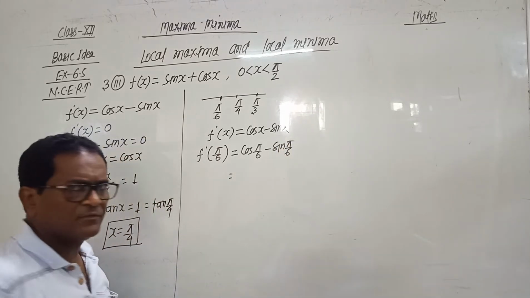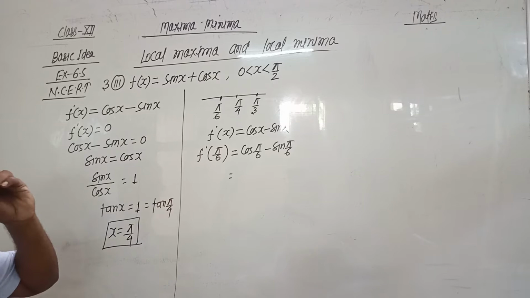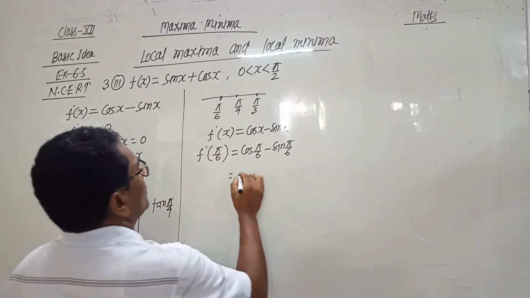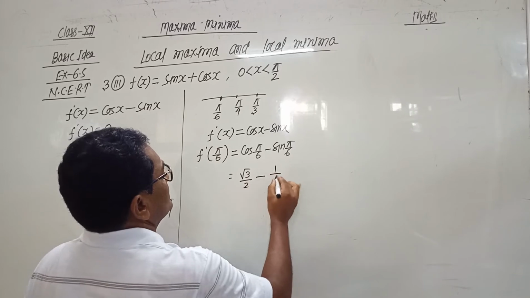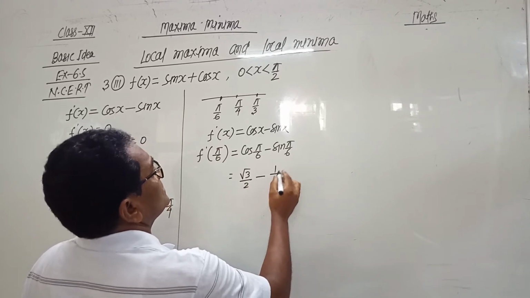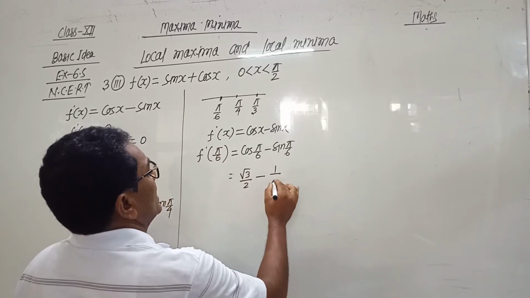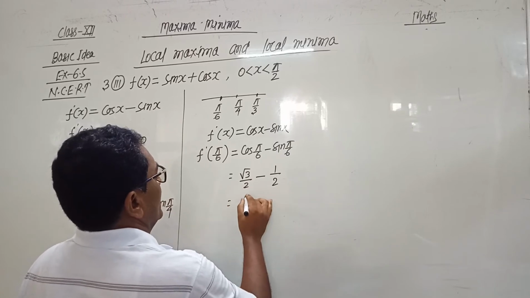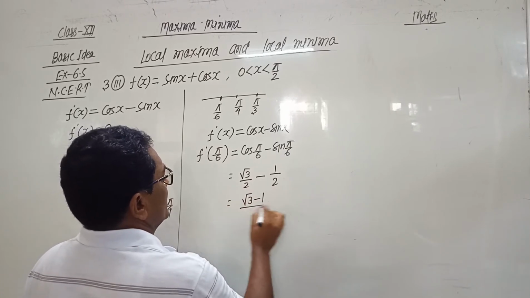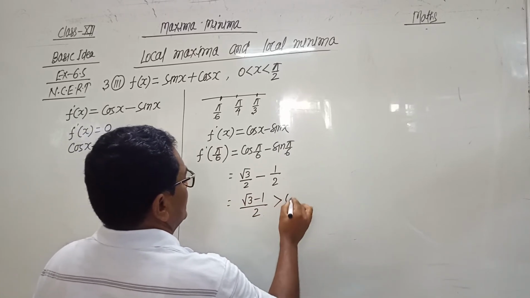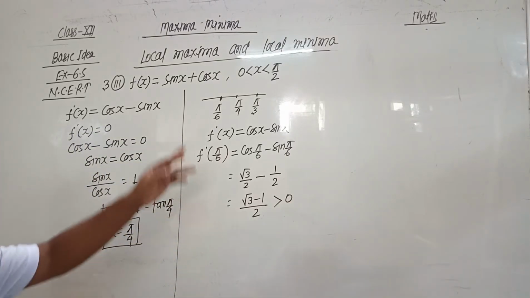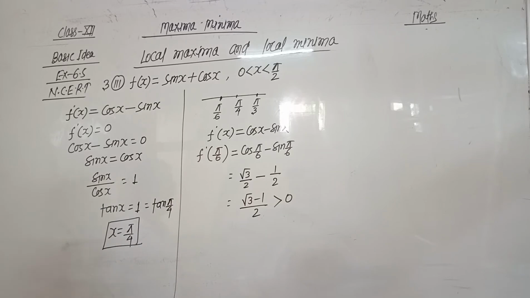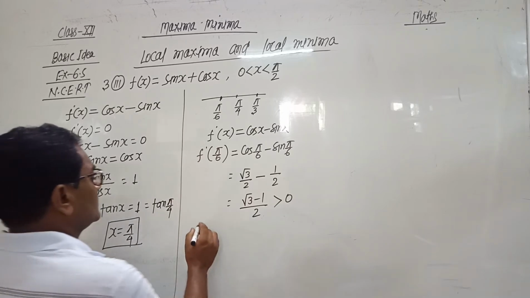The value of cos pi by 6 is root 3 by 2, and sin pi by 6 is 1 by 2. And we get root 3 minus 1 by 2, which is greater than 0. Now put x equals pi by 3.